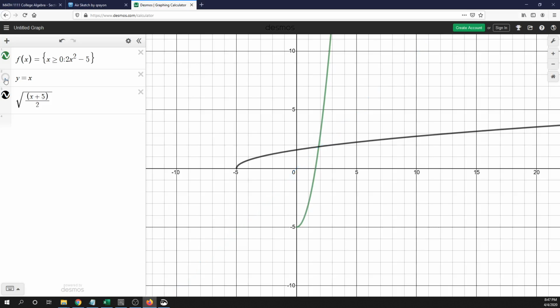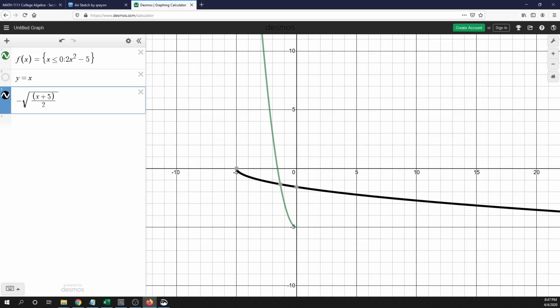Okay. Now, going back, if they told us x is greater than or equal to 0, they could have easily said x is less than or equal to 0, like this, and given us the left half of that parabola. And if it was the left half of the parabola, well then we would have picked the minus.